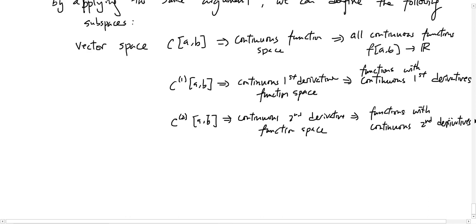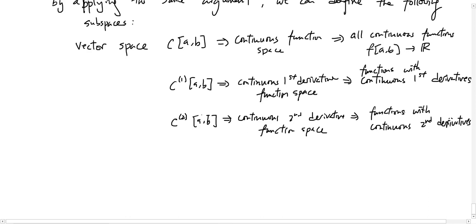And if a function has a continuous first derivative, it must be continuous. So by stating they have a continuous second derivative, it automatically forces it to satisfy both continuous first derivative and continuous at the same time. This one basically has 3 requirements. The continuous function space has 1 requirement, continuous. The continuous first derivative function space has 2 requirements, continuous function and continuous first derivative. Now this one has 3 requirements. Therefore, the list of functions should now be smaller than before.